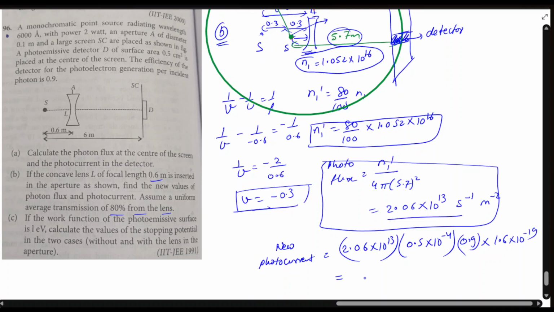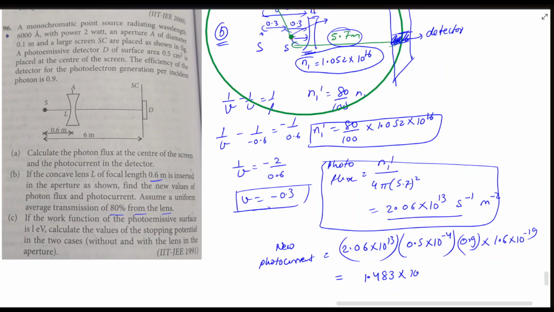From this, if you calculate, we will get 1.483 into 10 raised to power minus 10 ampere. Okay, so this will be our new photocurrent.